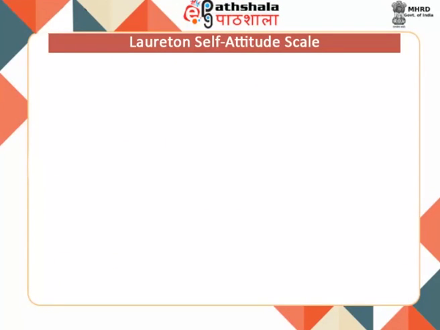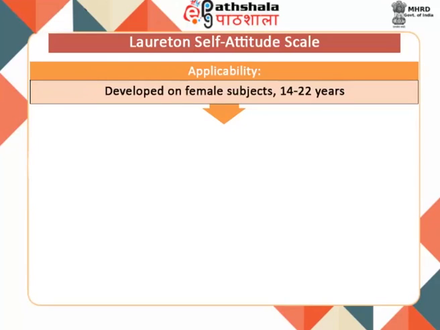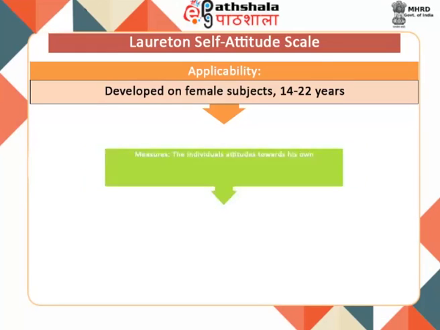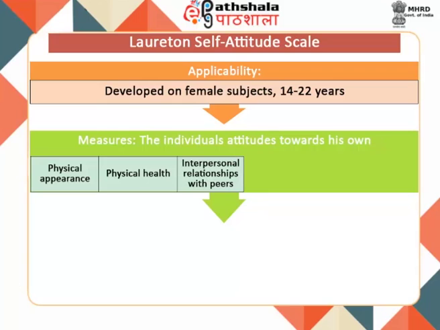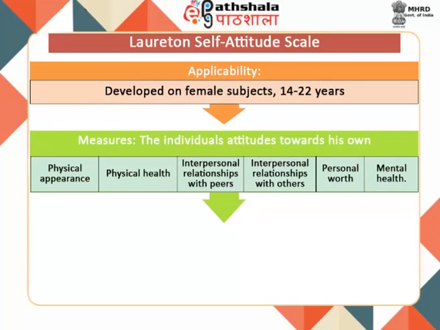Loreton self-attitude scale. Applicability: developed on female subjects from 14 to 22 years. Measures the individual's attitudes towards his own physical appearance, physical health, interpersonal relationships with peers, interpersonal relationships with others, personal worth, and mental health.